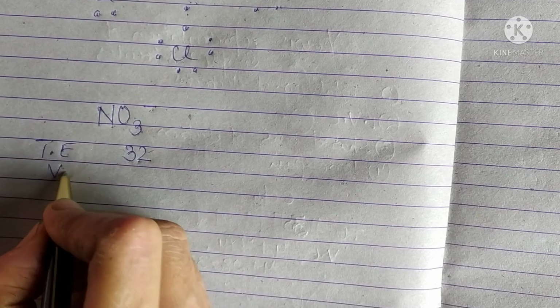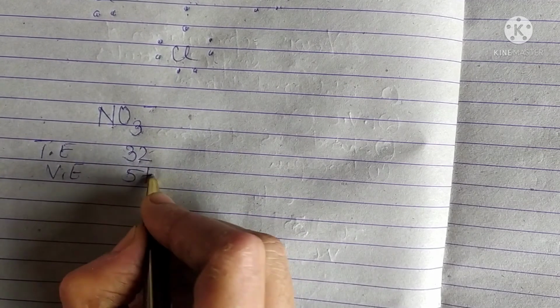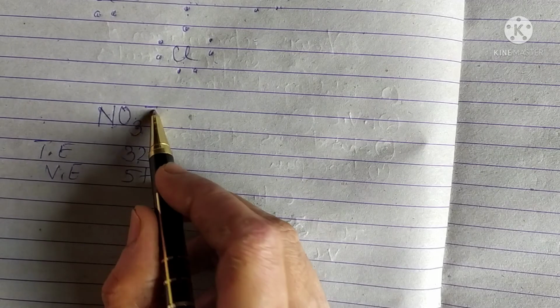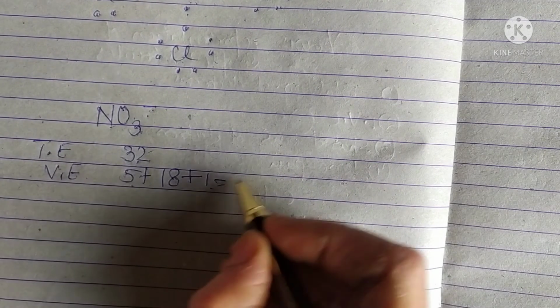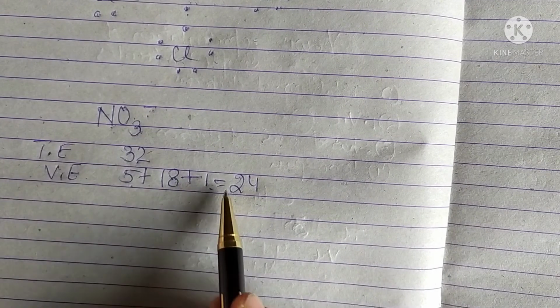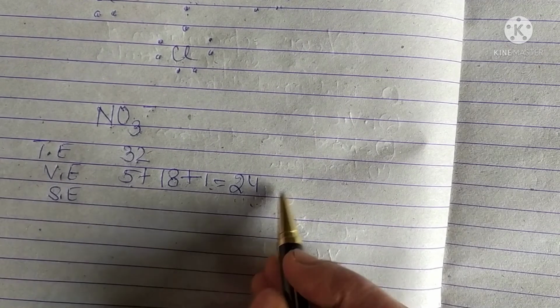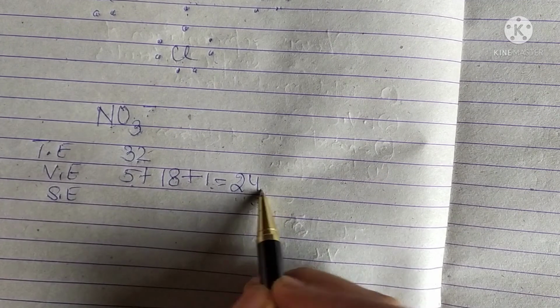Now the total valence electrons are 5 for nitrogen and 6 threes are 18 for oxygen, and plus 1 for this electron. So 18 plus 5 is 23, plus 1 is 24. So the total valence electrons in the nitrate ion is 24. Now the shared electrons: it requires 32 electrons, it has 24 electrons.